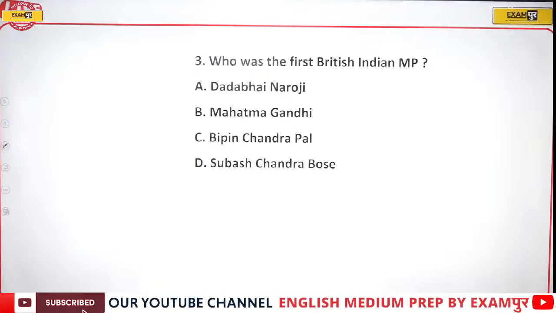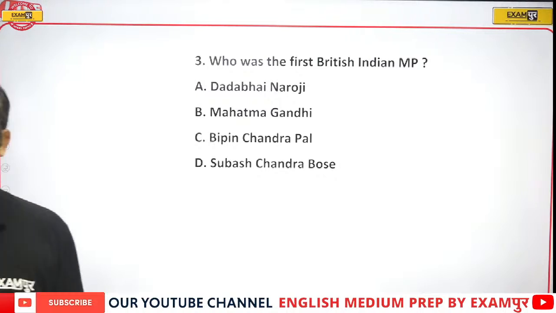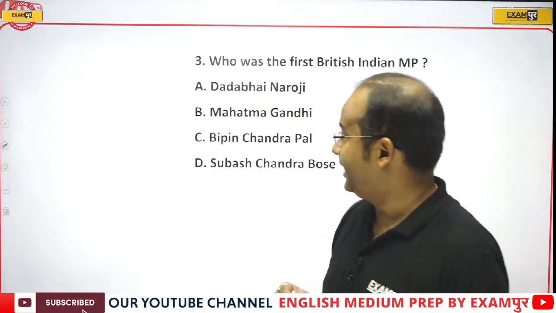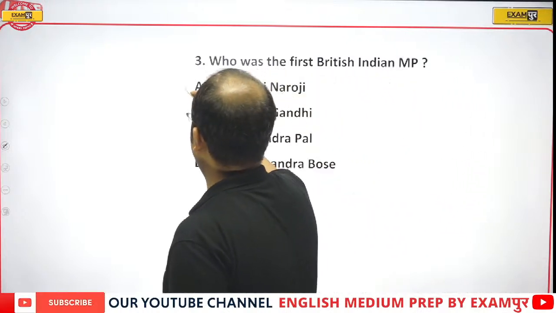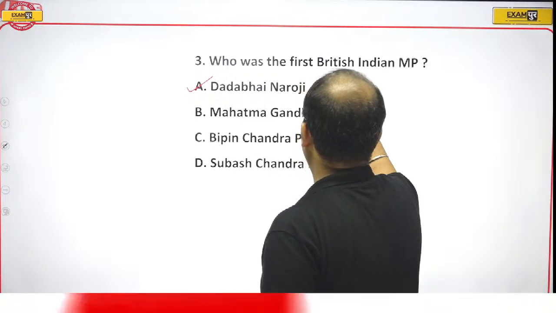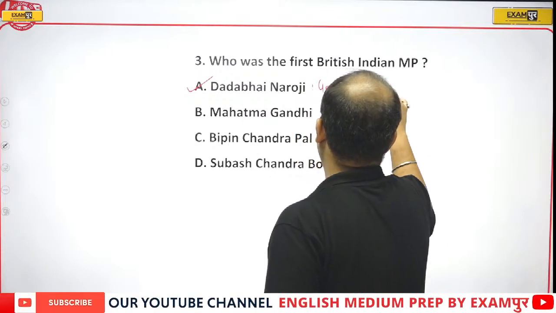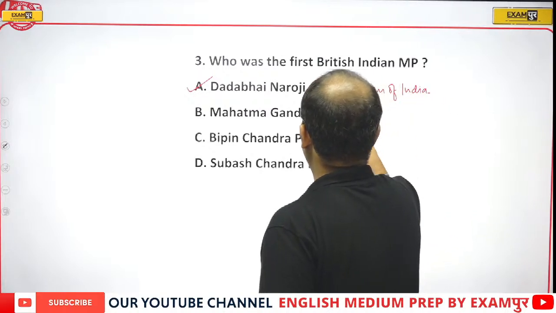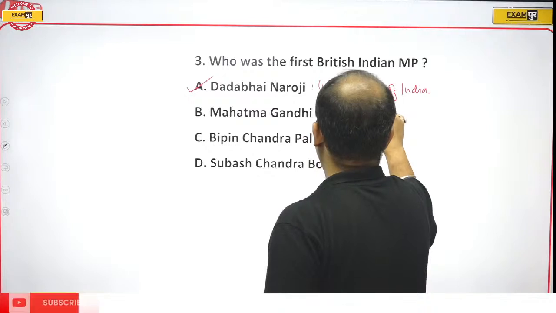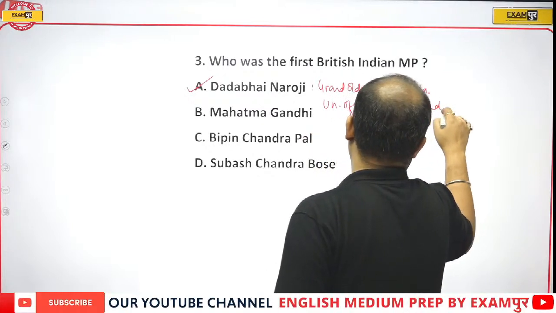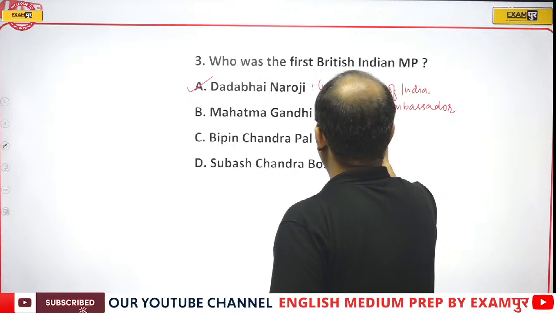Okay, let's see the correct answer, my dear students. Oh, very good. Everyone is going with option A. Now, guys, the correct answer is also option A, that is none other than Dada Bhai. He is also called the Grand Old Man of India or the unofficial ambassador of India.